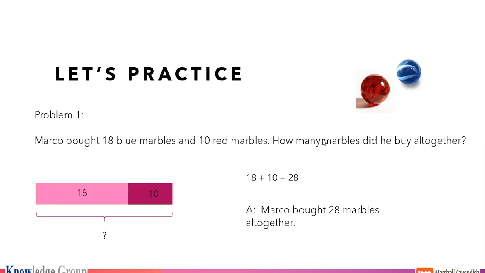We determined that we were looking for the total and we had the parts. So we draw the bar model. We put the information in that bar model, the information that the problem gave us. We solved the operation, in this case, an addition, and then we wrote the answer in a complete sentence. It is important for you to follow those steps to solve your problems.